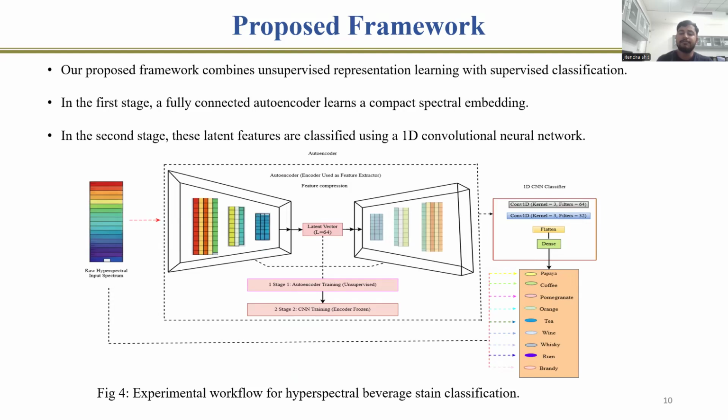Then these latent features are passed to a one dimensional CNN classifier to perform beverage stain classification. In the figure below, you can see the workflow diagram of our beverage stain classification.